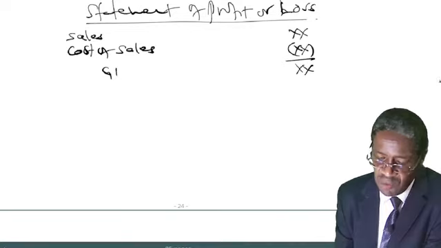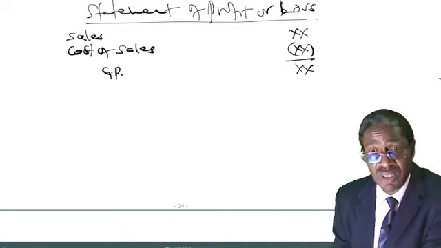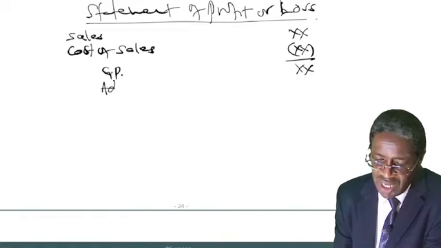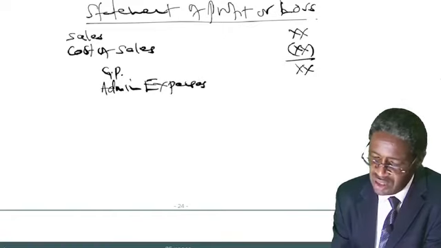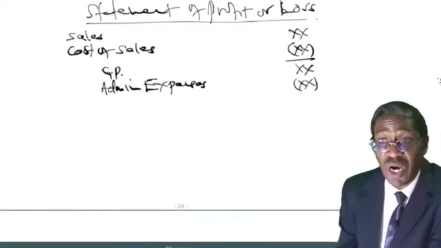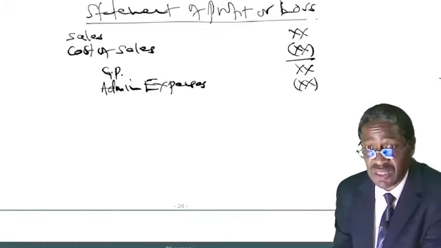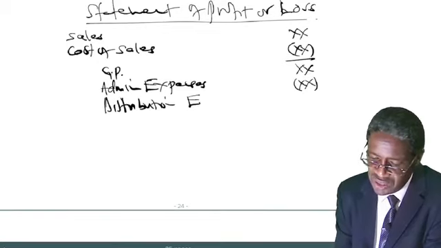Then get the gross profit, or the GP. Then you minus expenses, one of them being the admin expenses. Get it somewhere again as a total of all your admin expenses. Then I've talked about distribution expenses.